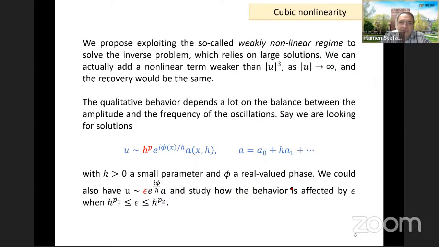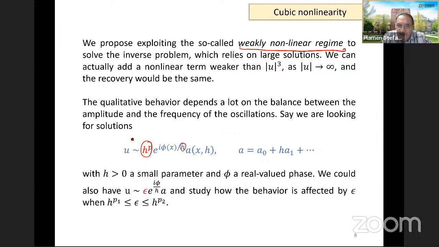So we propose exploiting the so-called weakly nonlinear regime. And let me explain quickly what that means. The qualitative behavior depends a lot on the balance between the amplitude and the frequency of the oscillations. So you can put here some epsilon in principle, but if you just replace it by a power of h, you see h is the wavelength, more or less, and the amplitude is proportional to some power of h, just because we want to study solutions like that.